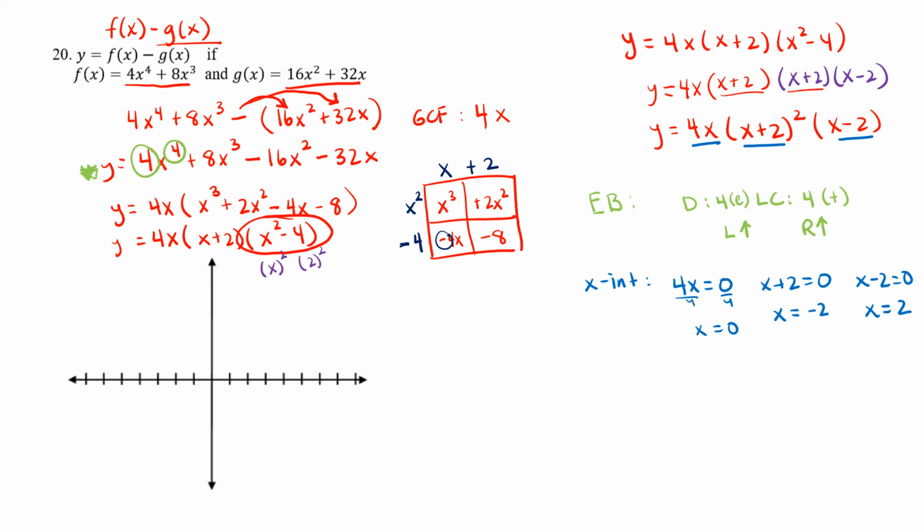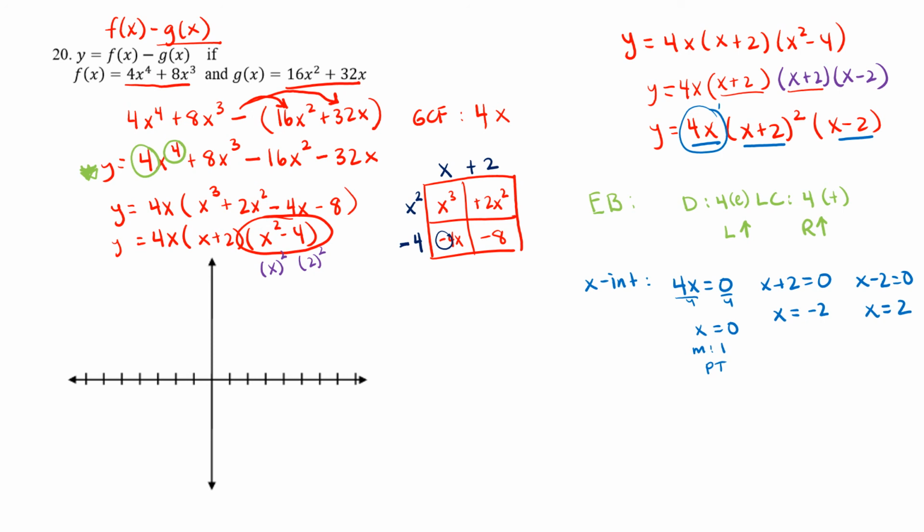The last thing about x-intercepts is the multiplicity, because that determines whether we pass through at that point or bounce off the x-intercept. For the x-intercept from 4x, notice that 4x is just to the first power, there's only one representation of that, so that's a multiplicity of 1, odd multiplicity, you pass through.